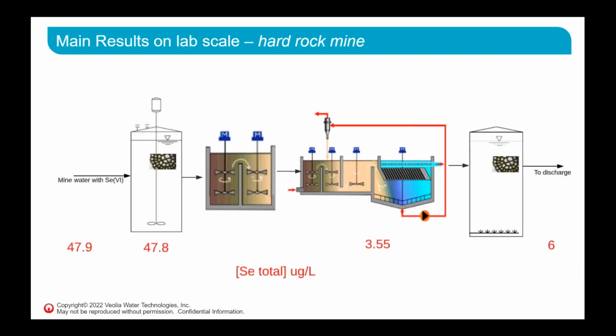So now, the main part everyone is interested in is the results of the Tracer SC application, a lab scale application. The tests were done on a real mine water. So this is not a synthetic water. We received a tote of water from a hard rock mine, and we did lab testing to test this application.